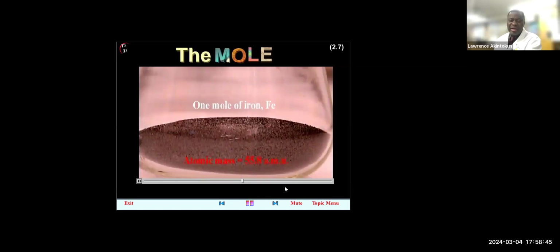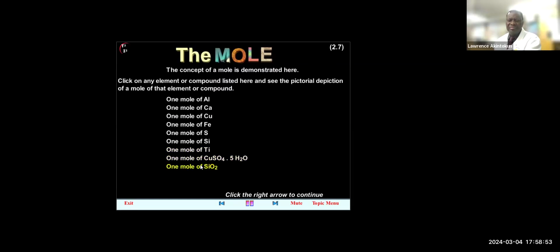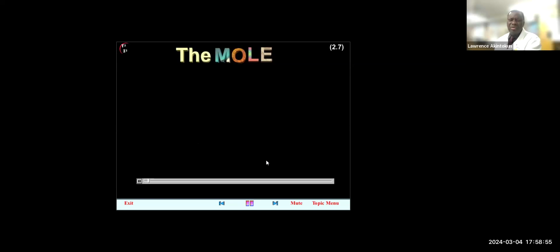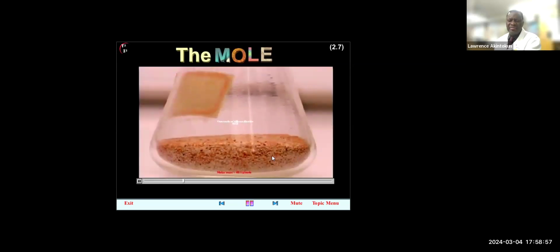That's 1 mole of iron, which is 55.8 AMU. 1 mole of silicon oxide is 60.1 grams a mole.